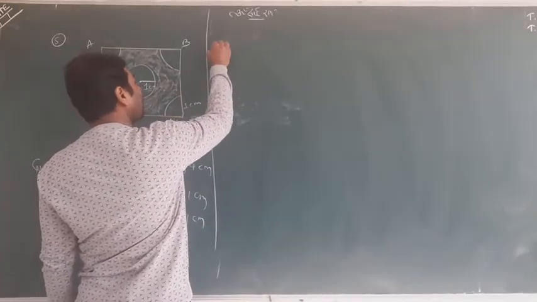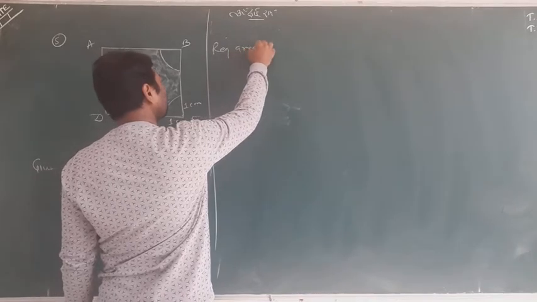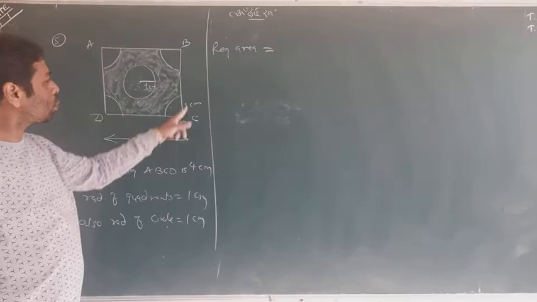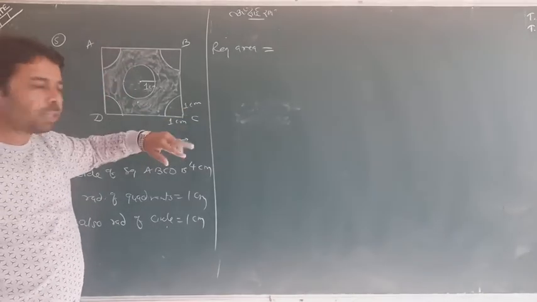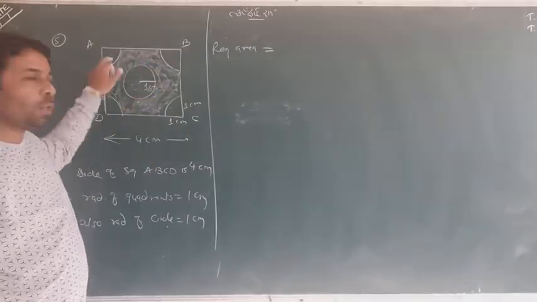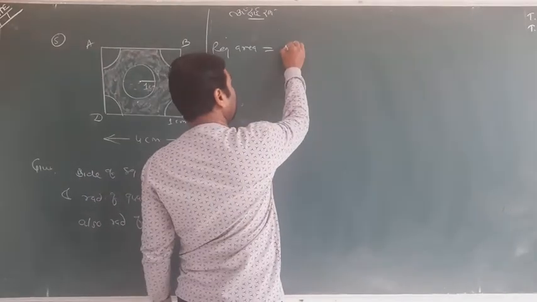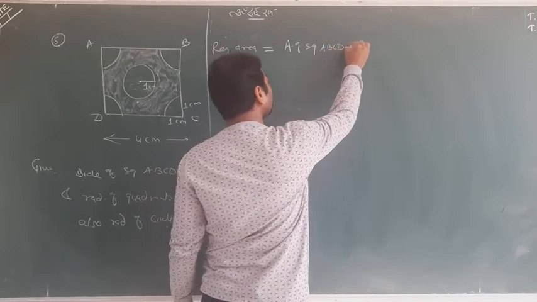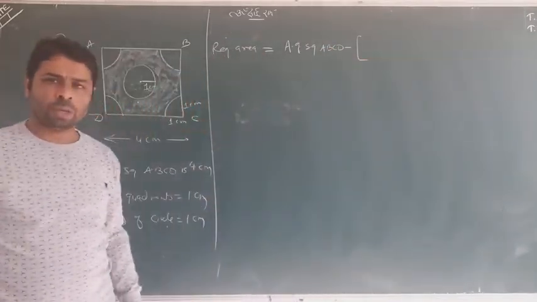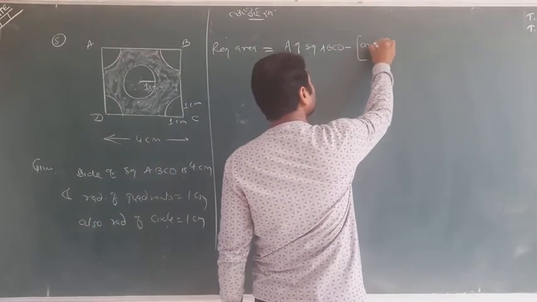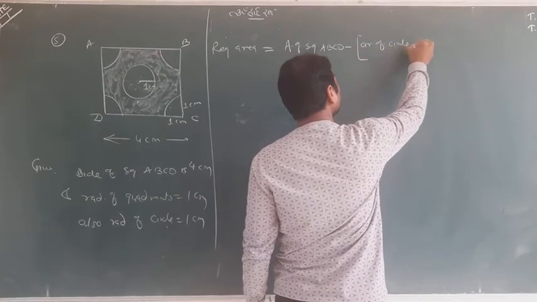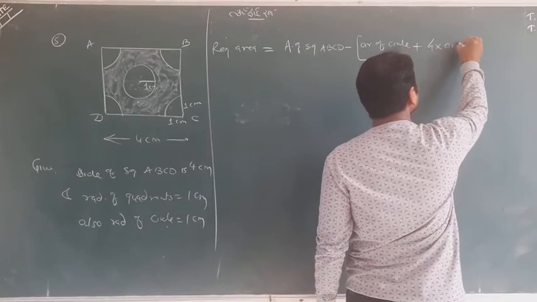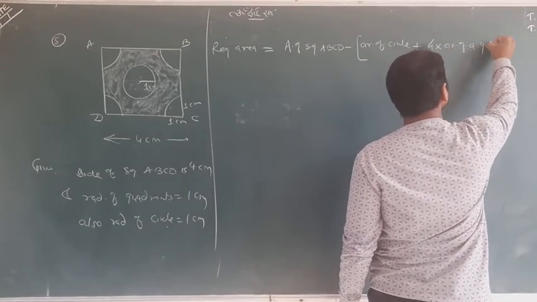So required area is what we will do? Whole area minus addition of all. So I'll write area of square ABCD minus of area of circle plus 4 into area of a quadrant.